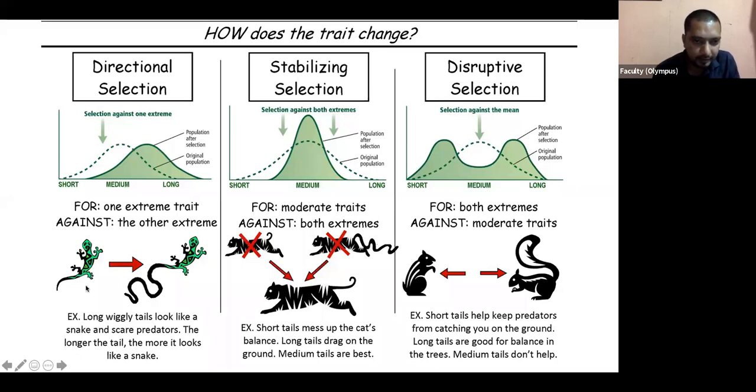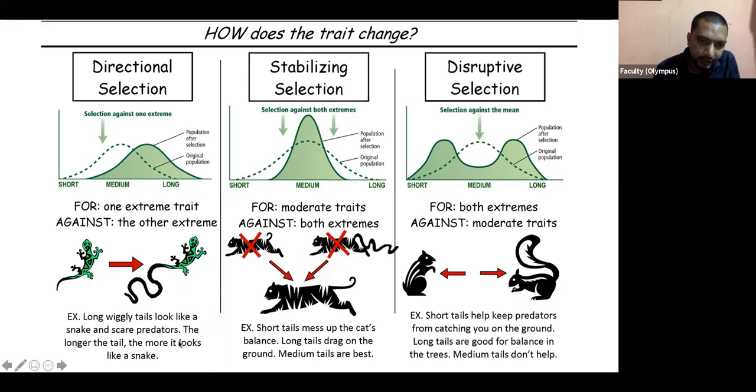In this particular example, let's say there is a creature which has a very short tail, versus something that has a big tail, which makes them look like a snake and scare the predators. Is there an advantage if it is actually scaring the predator? So does it improve its chance of survival?